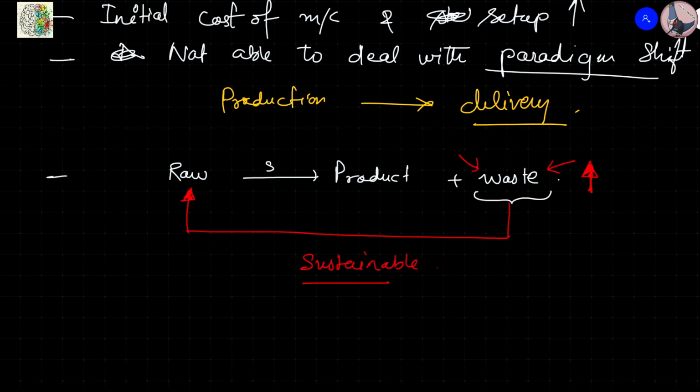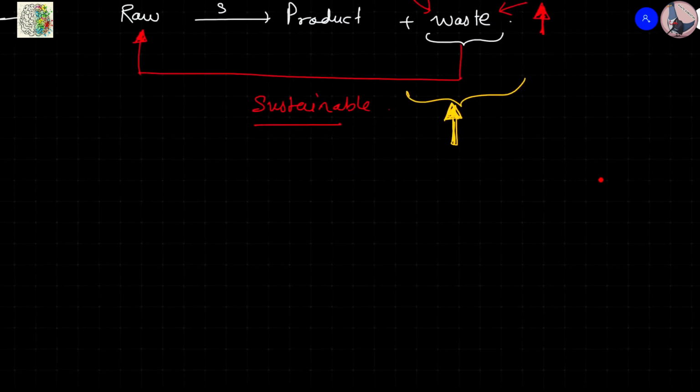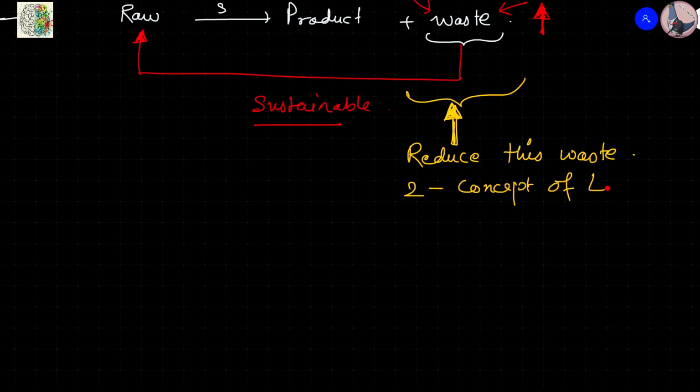Even to reduce this waste, some lean manufacturing concepts are there, and as lean manufacturing is also in your syllabus, it will be good to know it at this point. To reduce this waste, two concepts of lean manufacturing came into the picture.